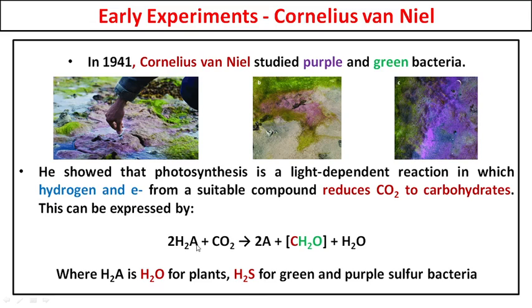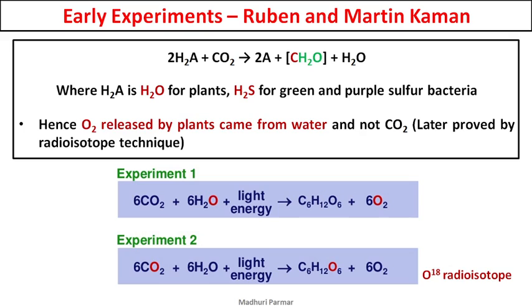Clear? So here H2A will be H2S in case of green and purple sulfur bacteria, and in case of algae and higher plants, this H2A is actually water. So CO2 plus H2O will give you what? It will give you carbohydrate. Clear? And that is how the whole equation for photosynthesis was derived.